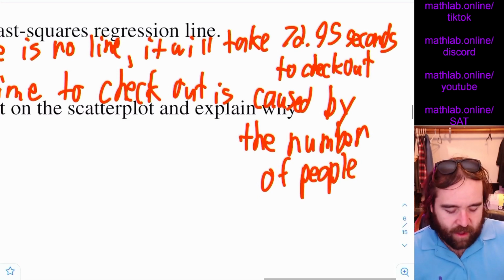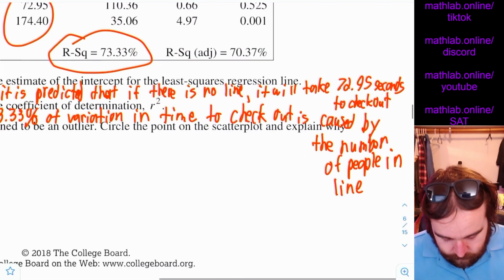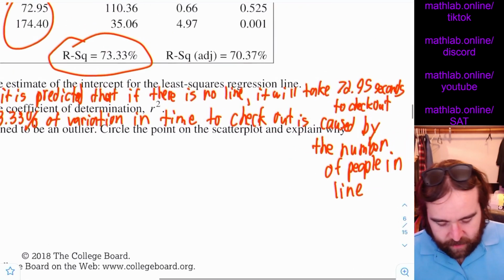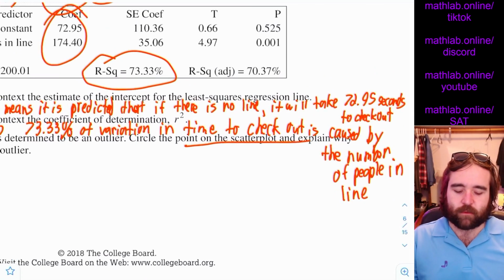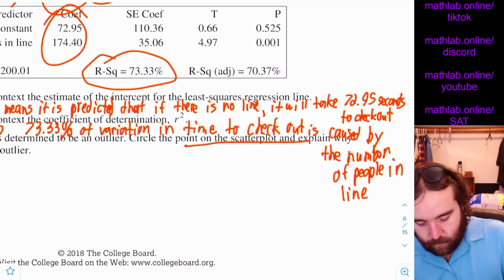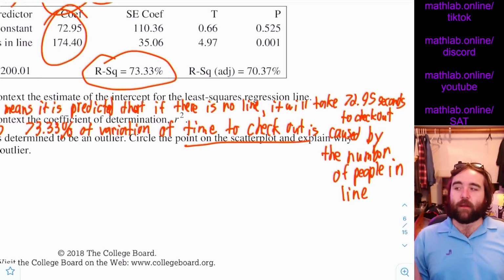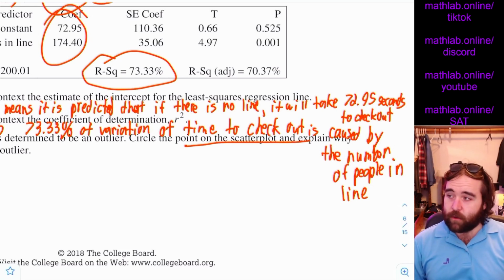So you fill in the y variable here, number of people in line. Fill in the x variable, time to check out. So the r squared value is the percent of variation of the x variable that is caused by the y variable.